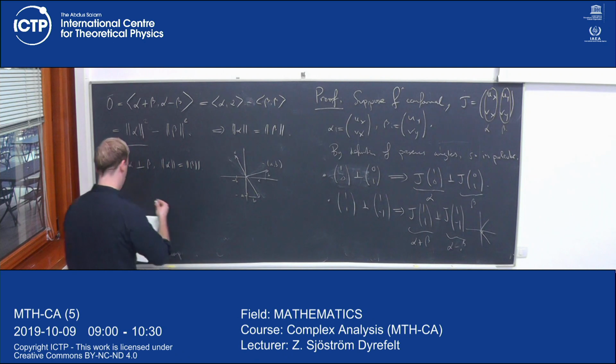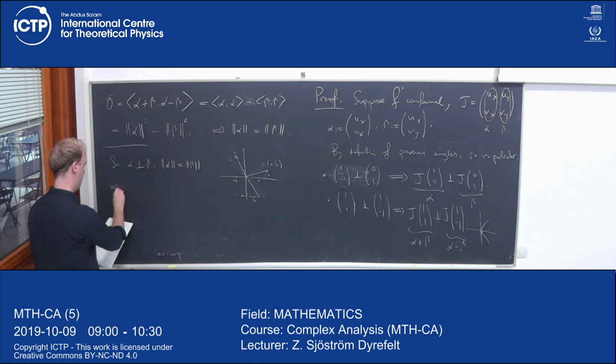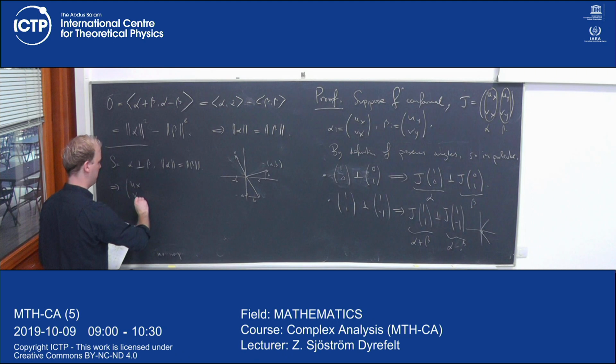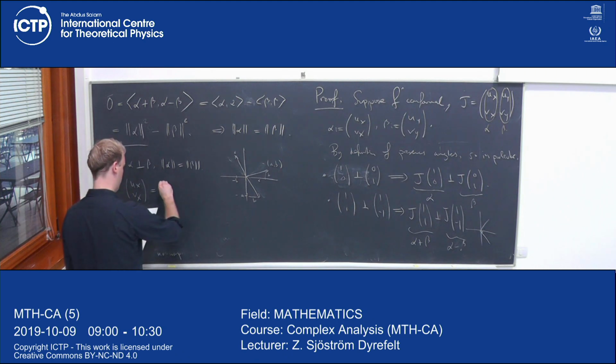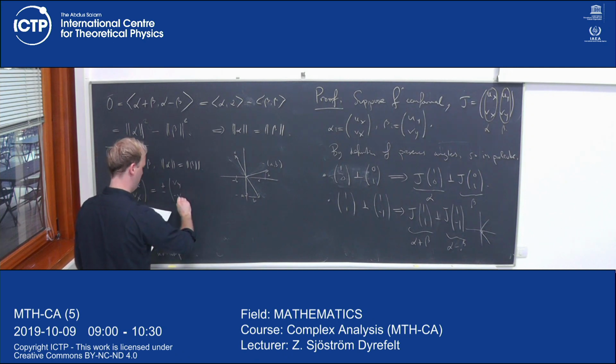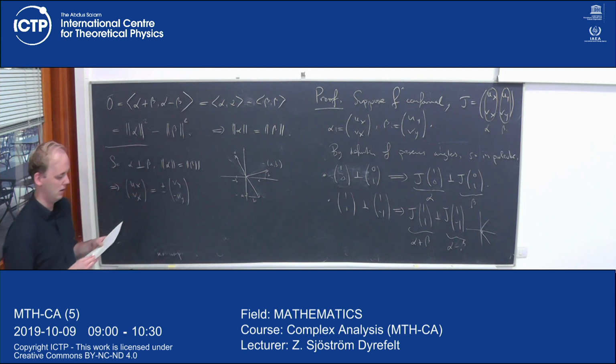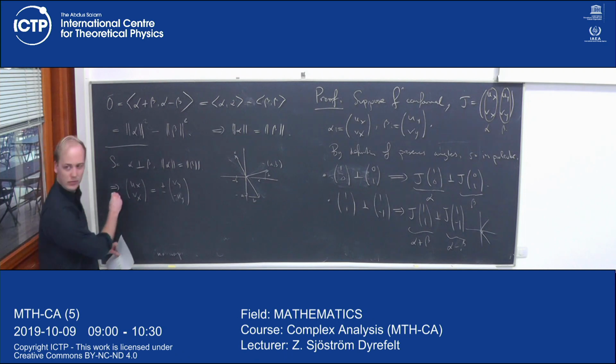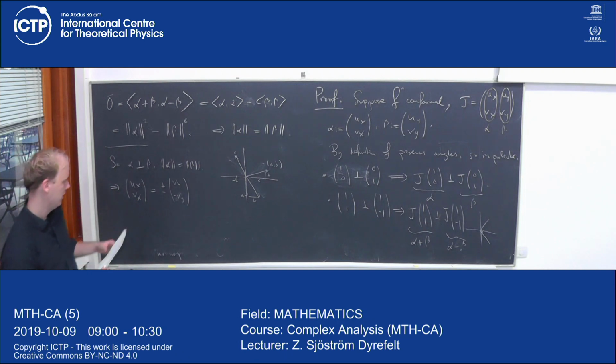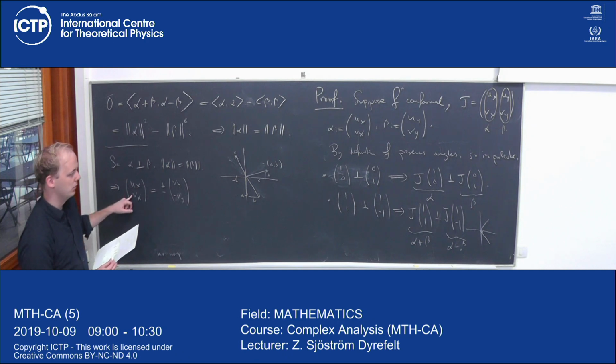So this means that, now I'm just writing down alpha, it is equal to plus minus (-v, u)... that's equal to this, using this kind of picture. Is that clear? Yeah, so this is what should hold.